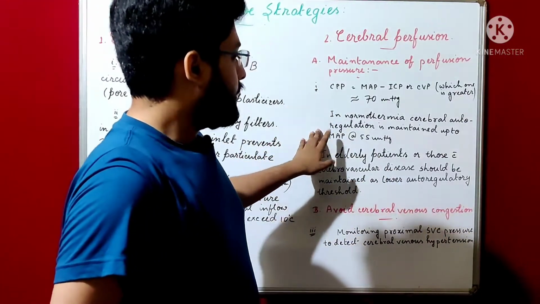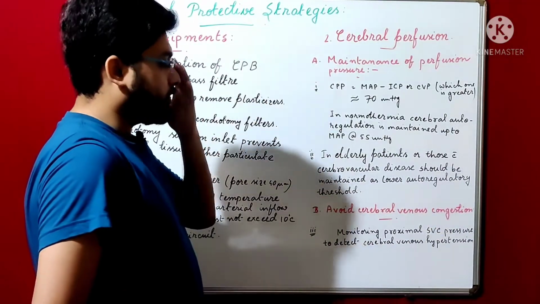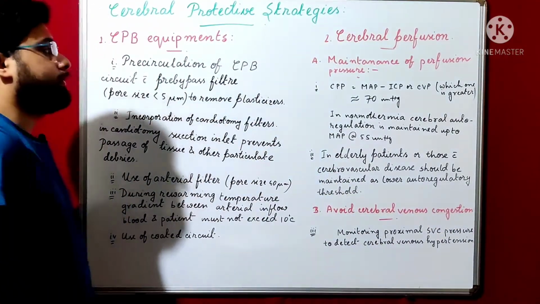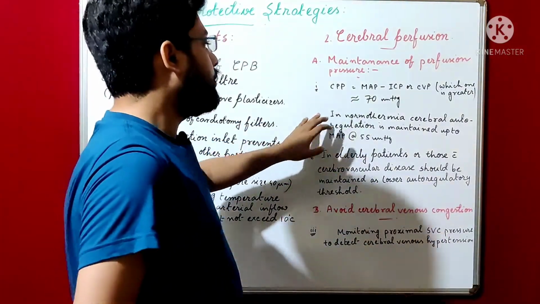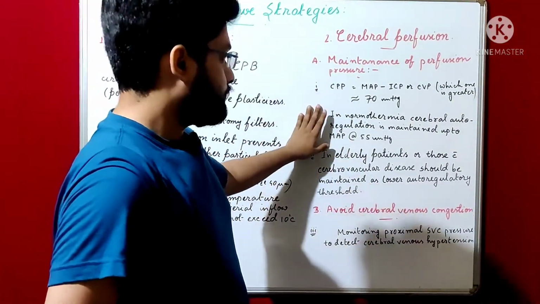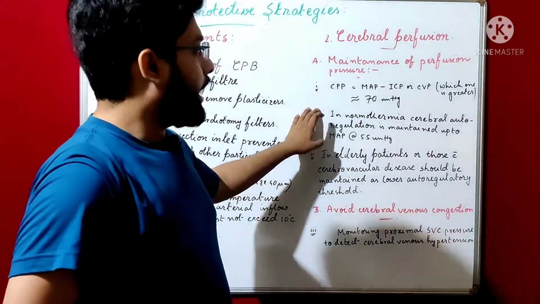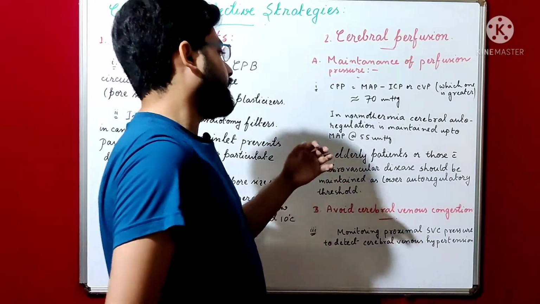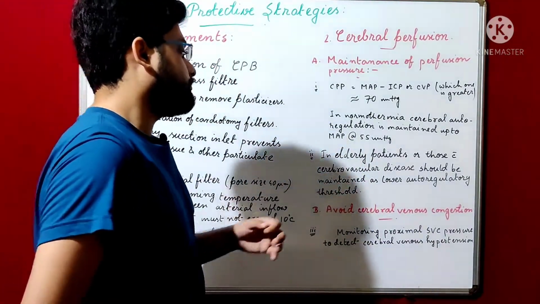If mean arterial pressure falls further below 55, then cerebral autoregulation will be hampered and cerebral blood flow will be hampered. So during cardiopulmonary bypass, we always try to maintain a mean arterial pressure greater than 50 mm of mercury.